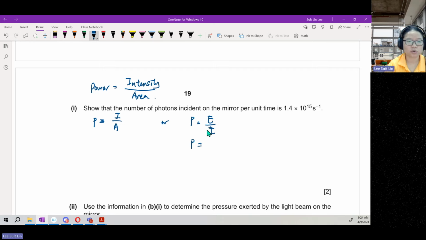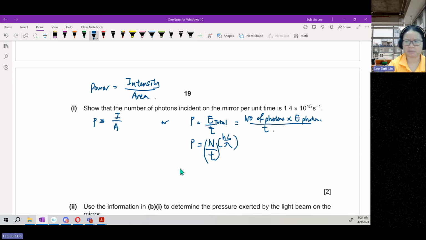Okay, so this is total energy per unit time. Number of photons multiplied by the energy of one photon. So this will be hf divided by t. So the total energy would be the number of photons multiplied by energy of a single photon divided by time. But instead of hf, maybe I'll use hc over lambda.